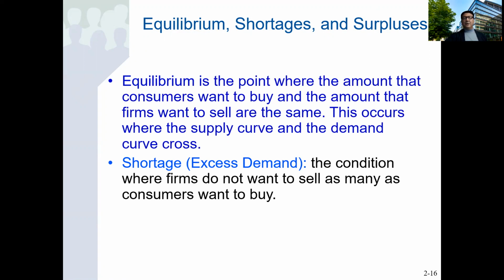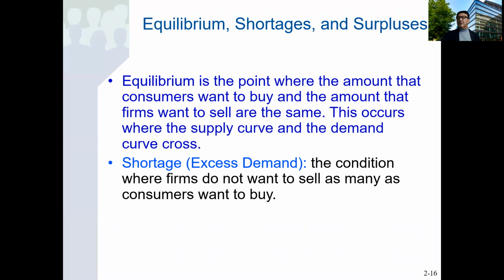And a shortage is the condition where the firm does not want to sell as much as consumers want to buy. Sometimes there's a shortage of supply, because the producers don't want to sell that many products as before at that specific price.